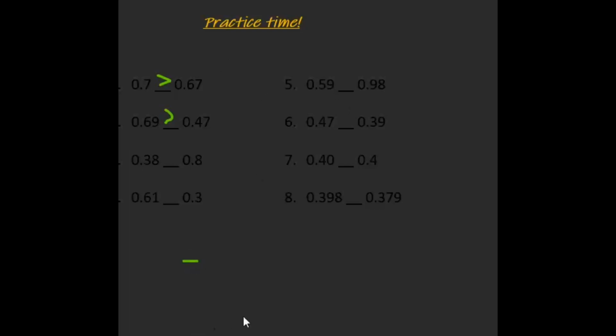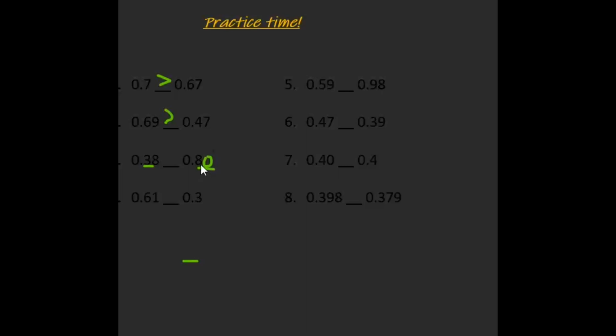Right? So now let's move on to the third problem. So we have 0 and 38/100 and 0 and 8/10. So we can do the same thing again. We can add that 0, that helpful little 0, after the 8. So then we see that it's 38 and 80.